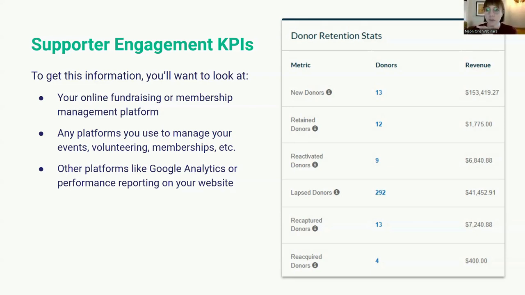What I want to reiterate here is really the cleanliness of the data that you're looking at. If you don't have a tool like a CRM that houses all of these different features, you may need to spend some time cleaning up the data that you have.